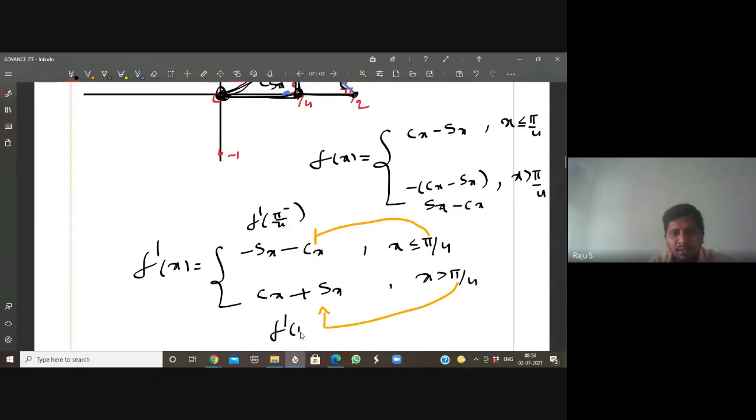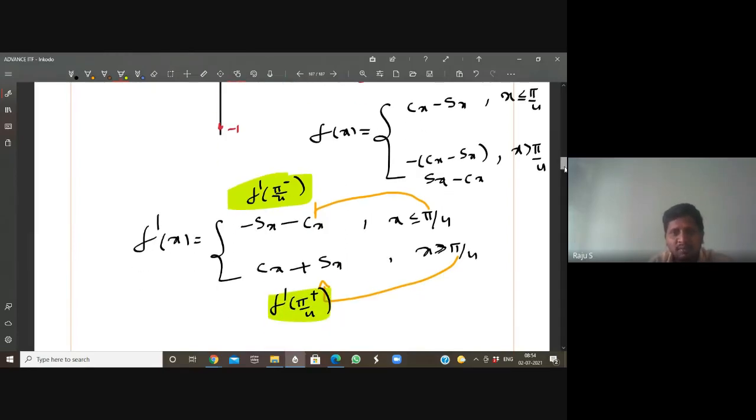This is f dash of pi by 4 plus, where greater than is there. Okay, is the left hand derivative equal to the right hand derivative at pi by 4?